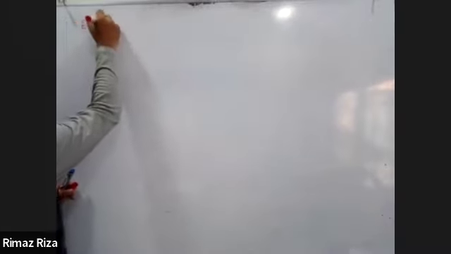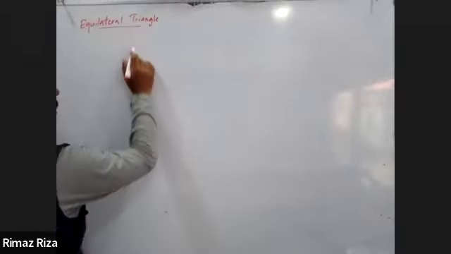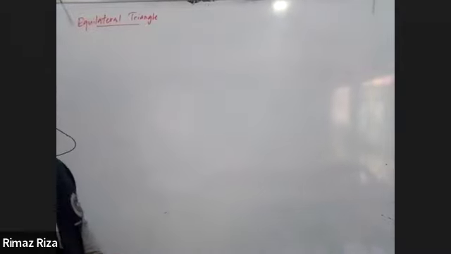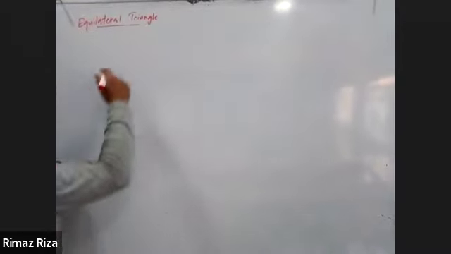Okay, so the first one is equilateral triangle. What does equilateral triangle mean? All three sides are equal in length.